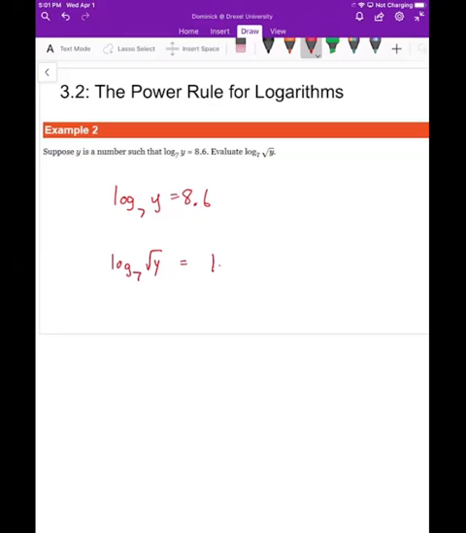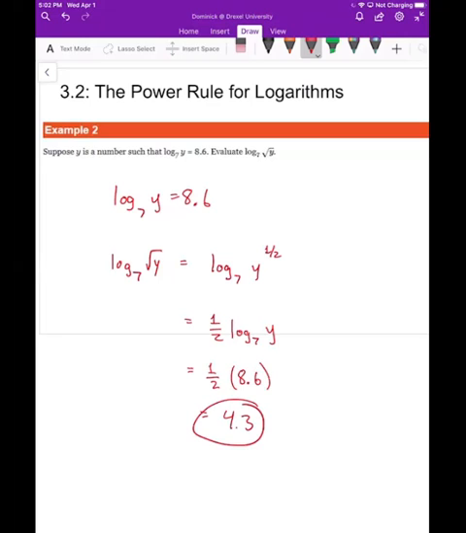Well, I know that this is log base 7 of y to the 1/2, and by using the power rule, I can write 1/2 out front, log base 7 of y. But we know that log base 7 of y from the given information is 8.6. So this is 1/2 times 8.6, which should be 4.3.